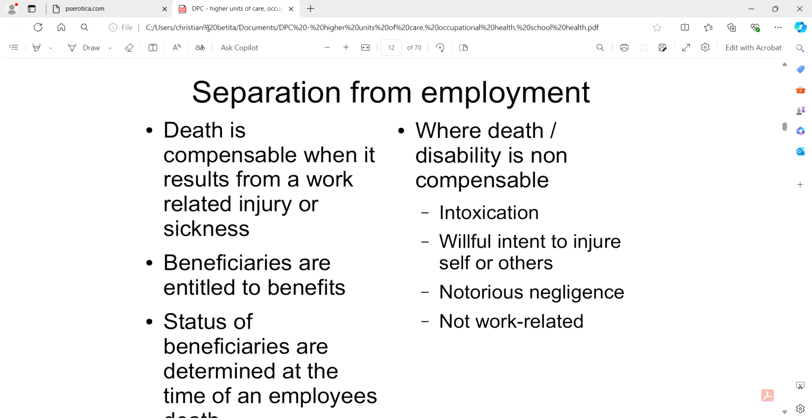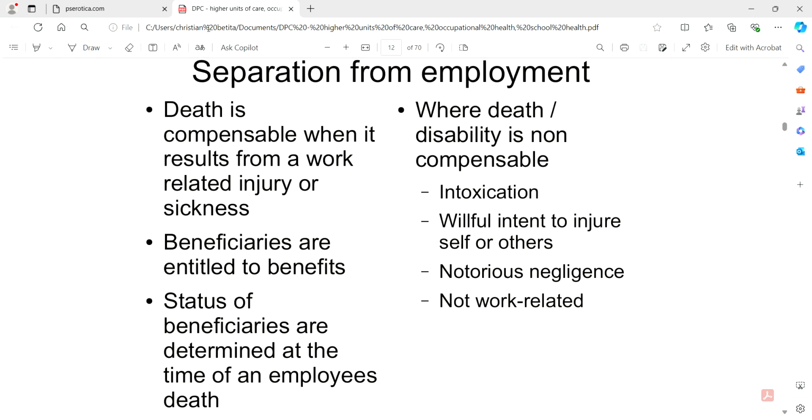So death is compensable when it results from a work-related injury or sickness. Beneficiaries are entitled to benefits, and the status of beneficiaries are determined at the time of an employee's death. Where death or disability is non-compensable when the injury or the death is due to intoxication, when it is due to willful intent to injure self or others, when there is notorious negligence, or when the injury or death is not work related.